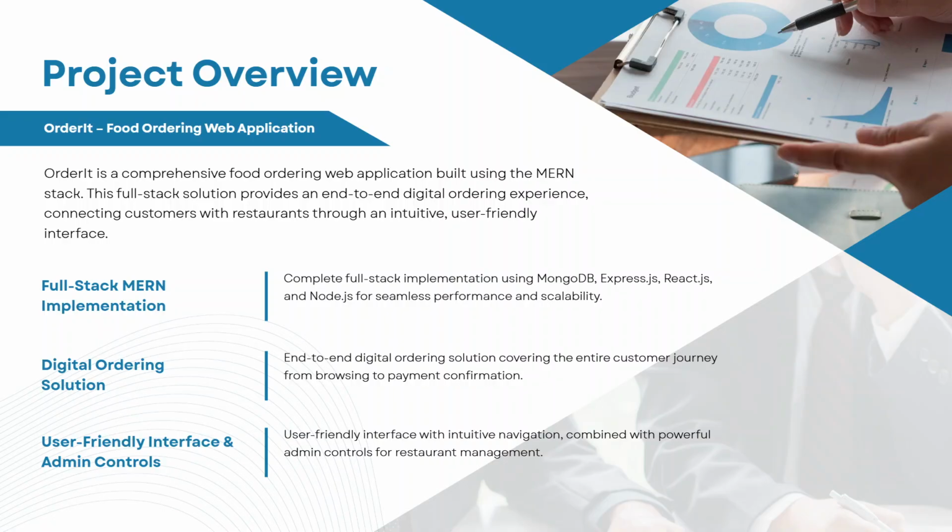In addition to customer features, the application also includes admin functionalities, such as managing restaurants, menu categories, and food items. The main focus of this project was to build a real world application with practical features rather than just a basic demo project. This helped me understand how large scale applications are structured and how different components work together.